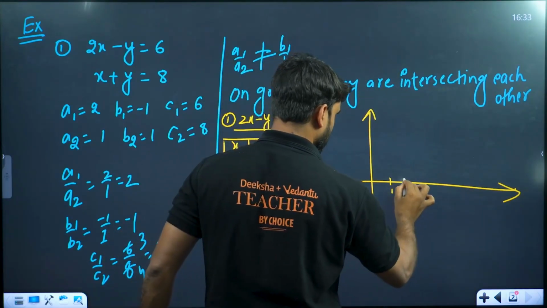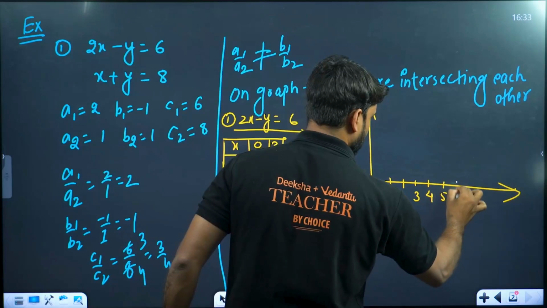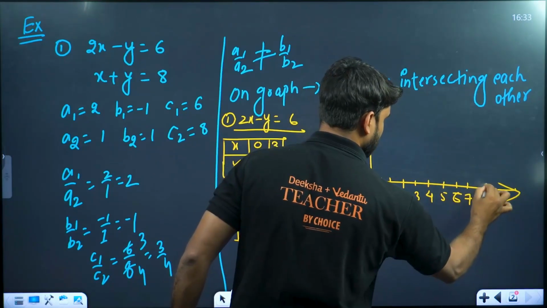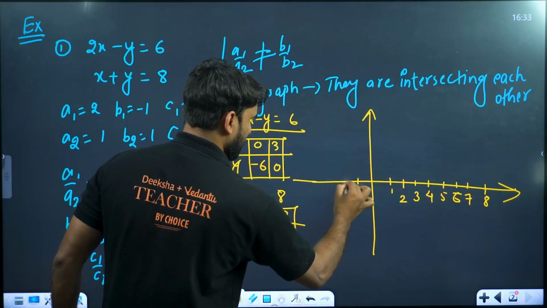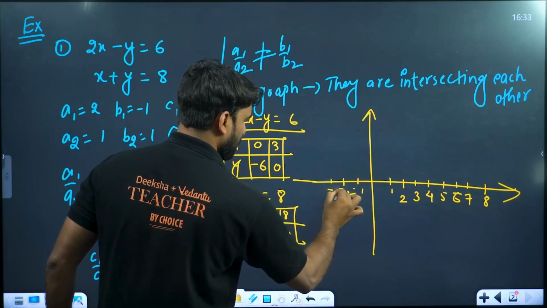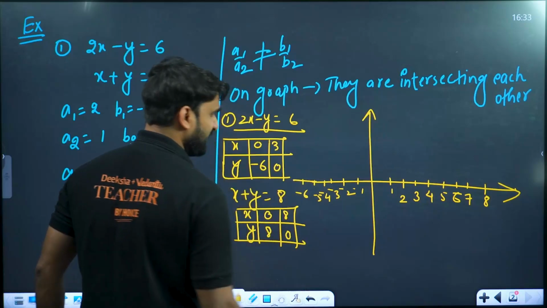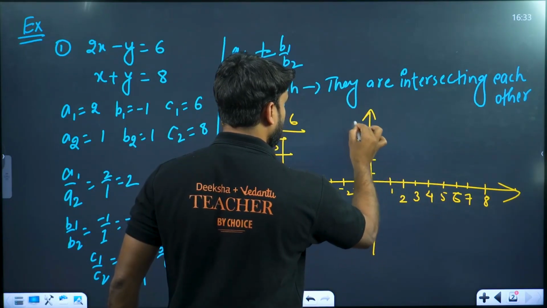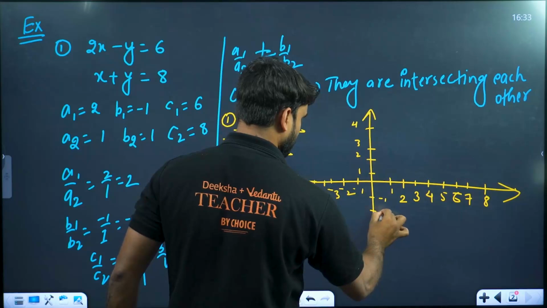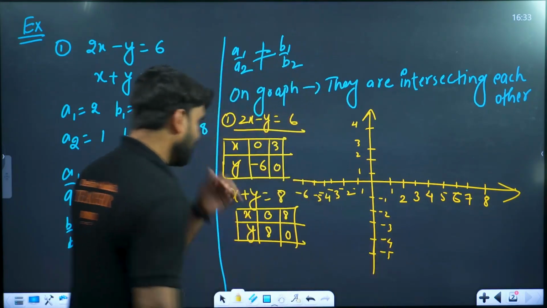Take 1, 2, 3, 4, 5, 6, 7, 8, and similarly here minus 1, minus 2, minus 3, minus 4, minus 5, minus 6, here 1, 2, 3, 4, and here negative values, minus 1, minus 2, minus 4, minus 5. Now plot the values.